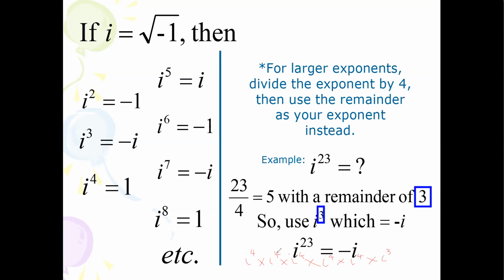So 4, 8, 12, 16, 20, yes. So that would have given us our i to the 23.